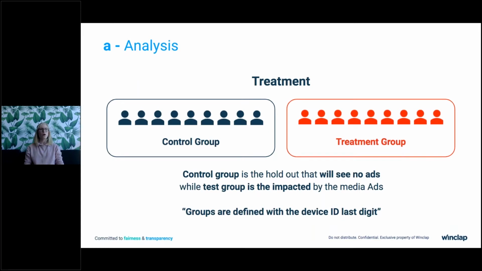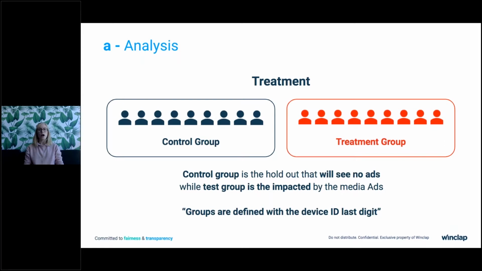Okay, all right, so here we have an example of how you should split the groups during this kind of test. Always consider that what you're trying to achieve here is to understand the difference between running the campaign and not running the campaign. So what we're trying to recreate here is that scenario. The control group will be the group of users that will see no ads for the media you're testing, and the treatment group is the group that is going to be impacted by those media ads.